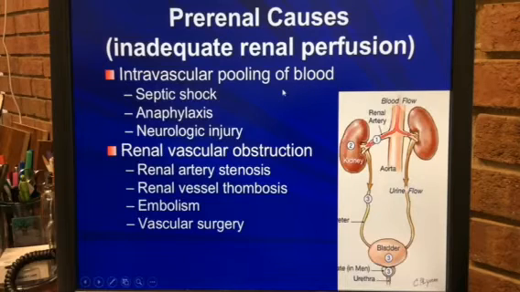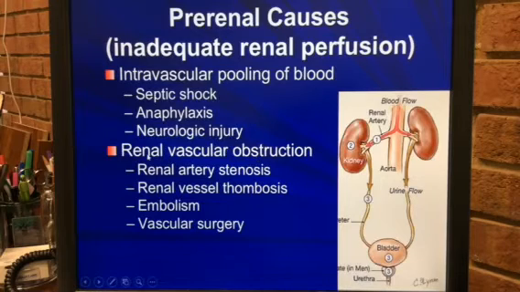Intravascular pooling. So here you've got blood in the vascular space, but it's pooled. Septic shock causes a vasodilation and allows for pooling, as does anaphylactic shock. Neurologic injury that damages the spinal cord at certain levels causes the nerves not to properly innervate the blood vessels.